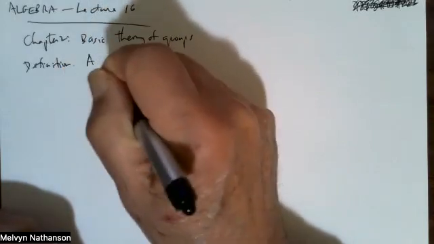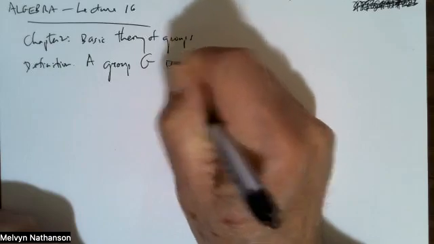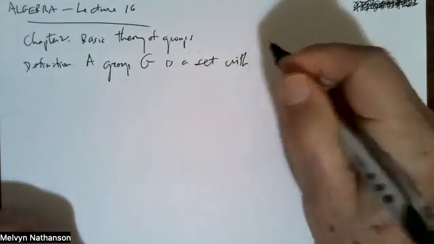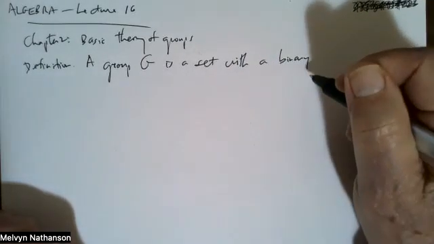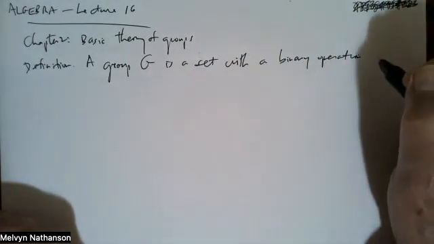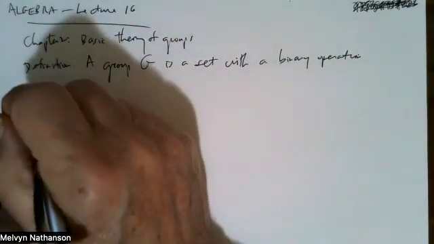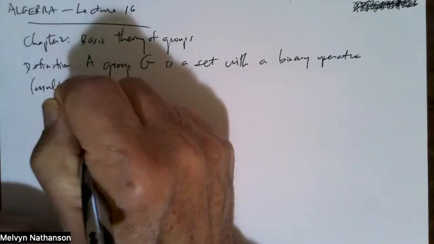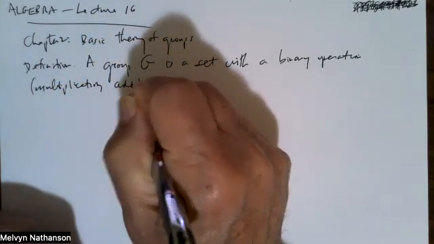So a group G is a set with a binary operation. That means you have two things and you can associate a third thing to them. Sometimes the binary operation is called multiplication. Sometimes it's called addition.